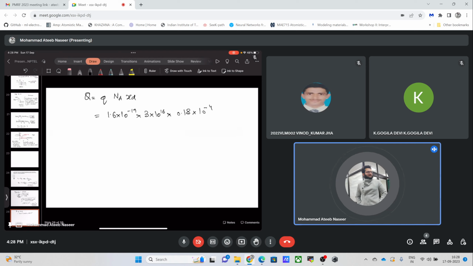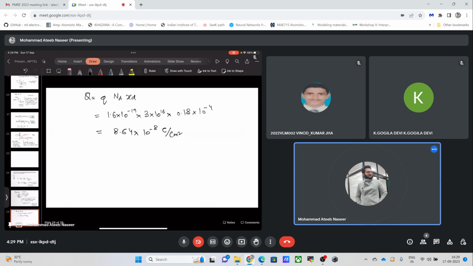Let's do it all in centimeters. So it would come out to be 1.6 into 3 into 0.18 is 0.864, so it is 8.64 into 10 raised to the power of minus 8 coulomb per centimeter square.